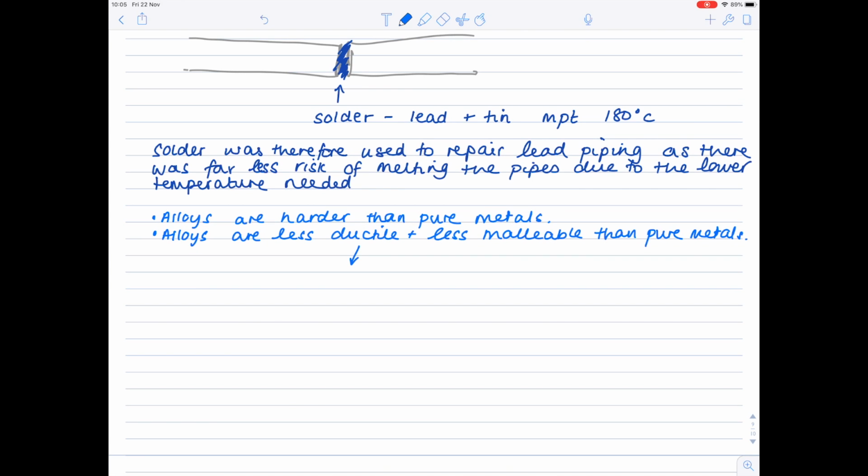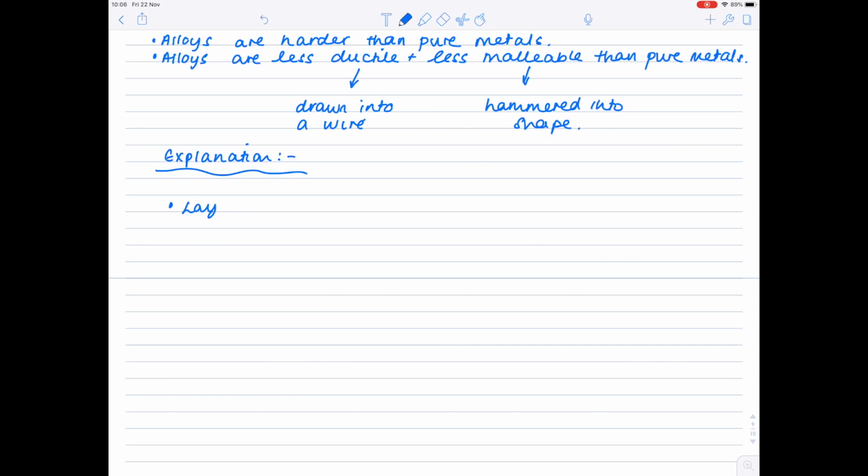Just to label, ductility is all to do with their ability to be drawn into a wire. Malleable is all to do with their ability to be hammered into shape. The explanation for all three of these properties, the hardness, the lower ductility, the lower malleability, is the same. First of all, the layers of ions are distorted due to the alloying metal having a different radius from the original metal.